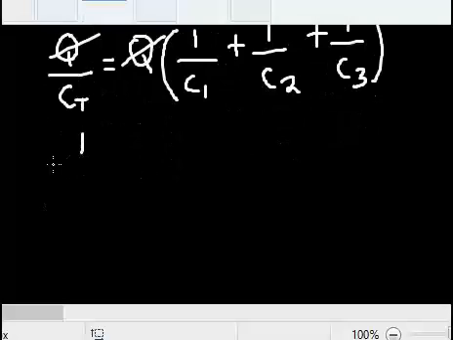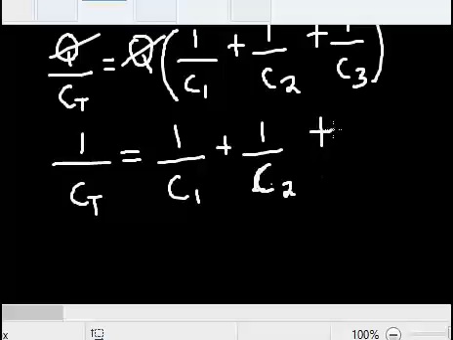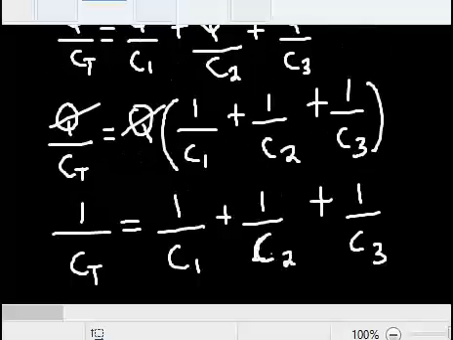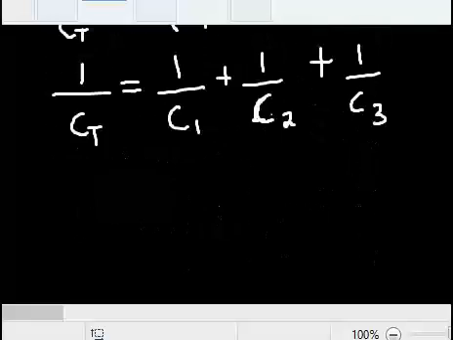So I'm left with 1 all over C total is going to be 1 all over C1 plus 1 all over C2 then plus 1 all over C3. Okay, so this is what you have as total capacitance when capacitors are connected in series.